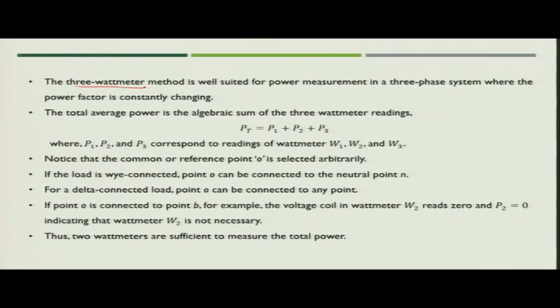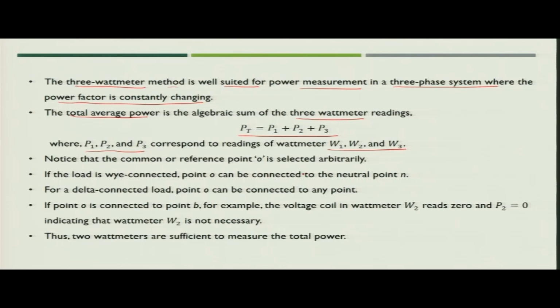Now, this 3 wattmeter method is well suited for power measurement in a 3 phase system where the power factor is constantly changing. So, the total average power in the case of the 3 wattmeter method will be the algebraic sum of the 3 wattmeter readings. So, that is P1, P2, P3, which we get as the power corresponding to the readings of W1, W2 and W3.